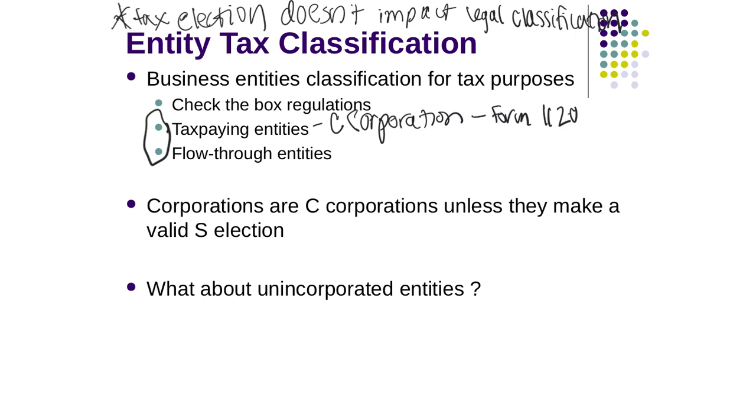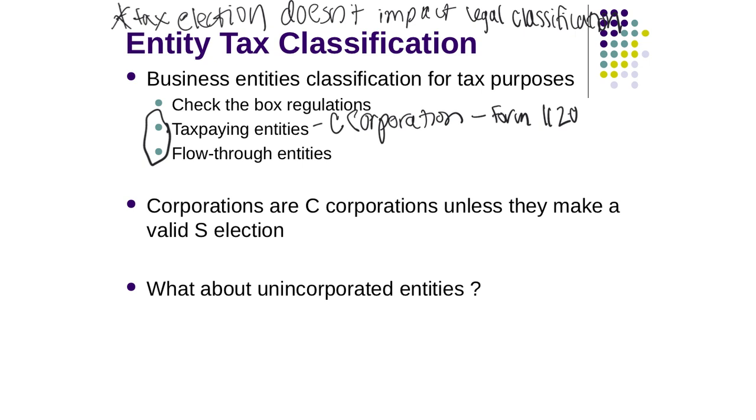A flow-through entity, on the other hand, is an entity that doesn't pay its own tax. Instead, that flow-through entity has that income or loss, and then that information flows through the business to the owners, and then the owners take that flow-through income or loss in consideration with all of their other taxable income that they have.